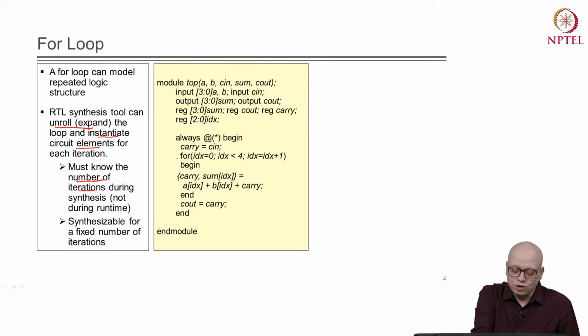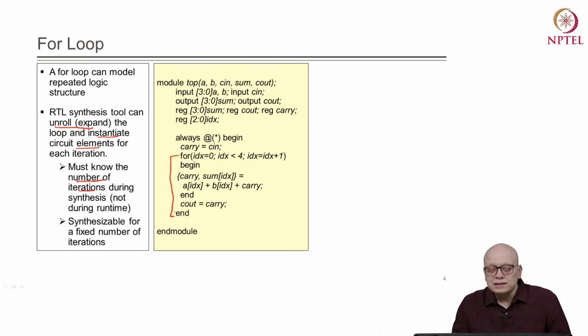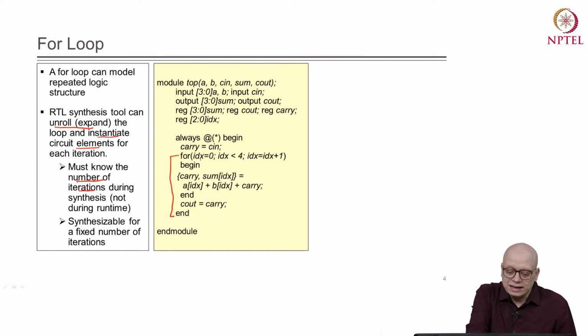Suppose there is a for loop, and in this there is a variable index that varies from 0 to 3. Whenever index is less than 4, the loop is executed, and when it reaches 4, the loop is terminated.